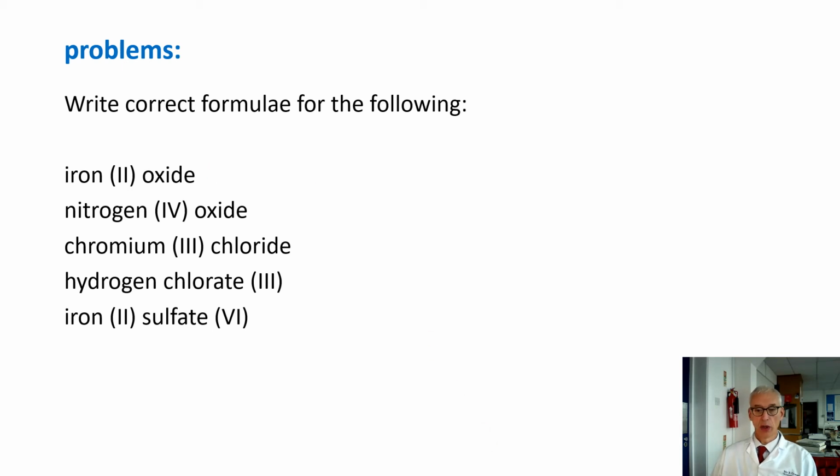Okay, so iron 2 oxide, FeO. Why is that? Well, Fe, iron 2, means it's +2. Oxygen is always -2, so a 1-to-1 ratio will result in the sum of all the oxidation numbers producing 0. So FeO. Nitrogen 4 oxide.